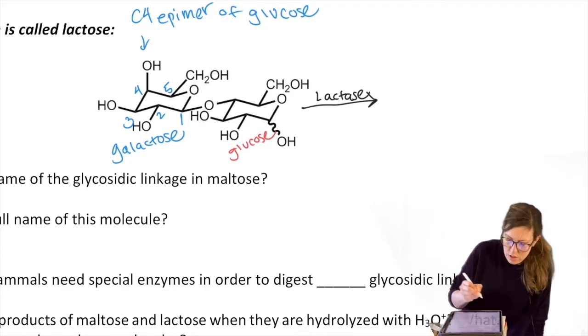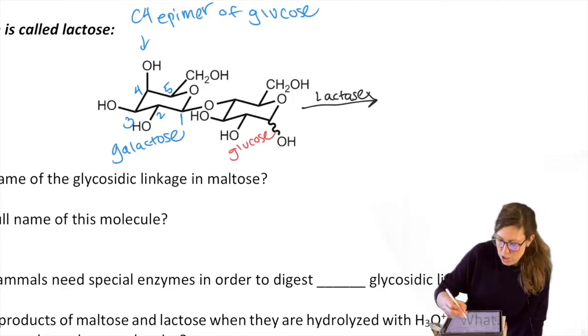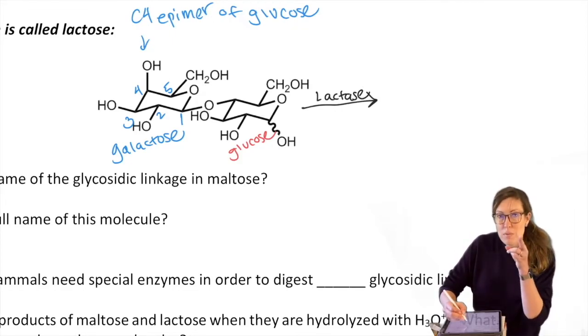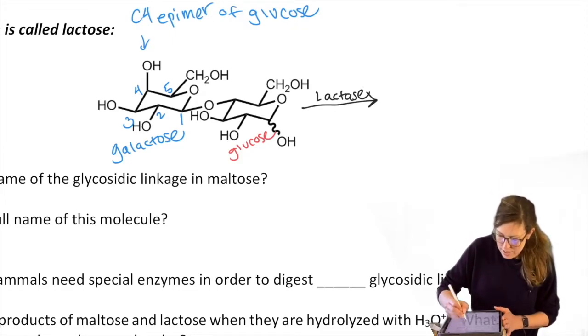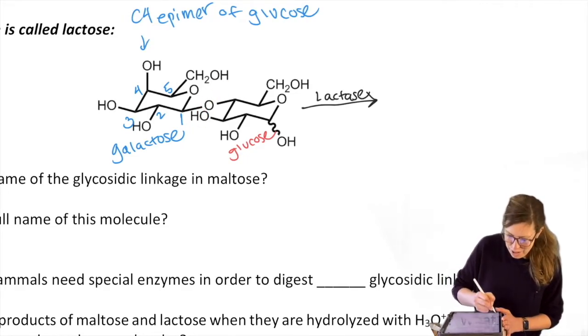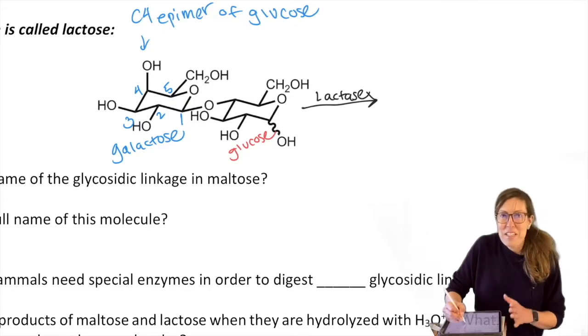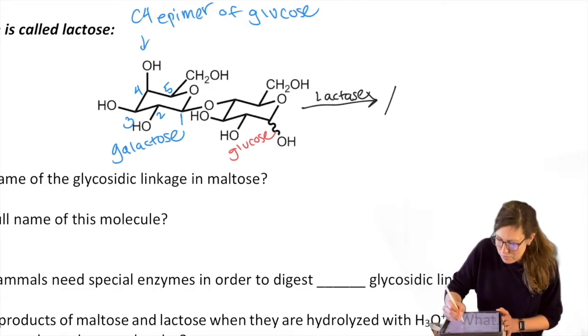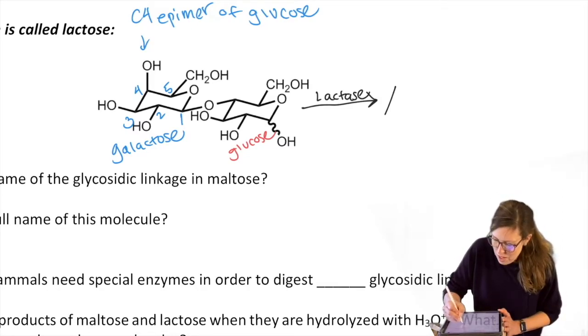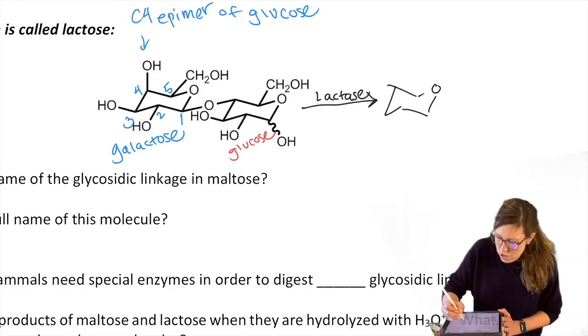So lactase, when it encounters lactose, comes and snips right there at that glycosidic linkage and does its karate chop in a very complicated way. We don't have mechanisms and arrow pushing for that, but we know what that would be if it was hydrolysis, right? We've done that before. I'm going to draw galactose now.